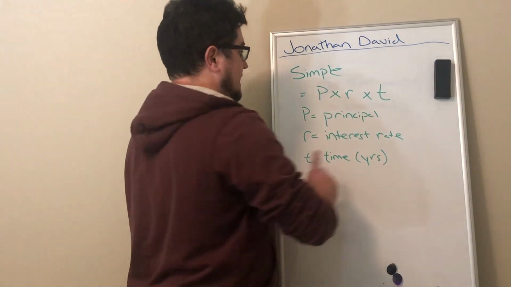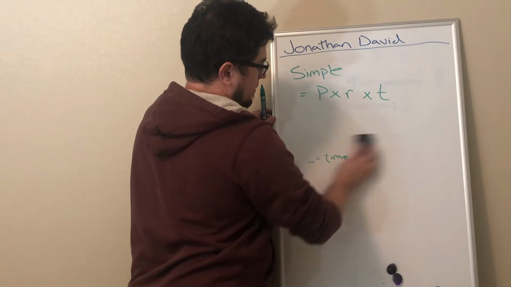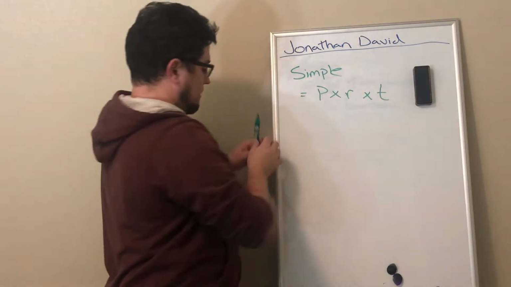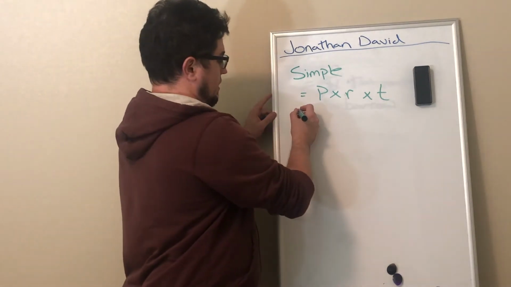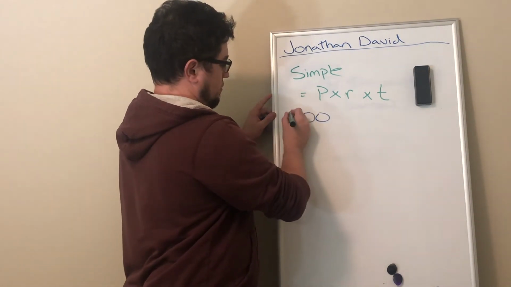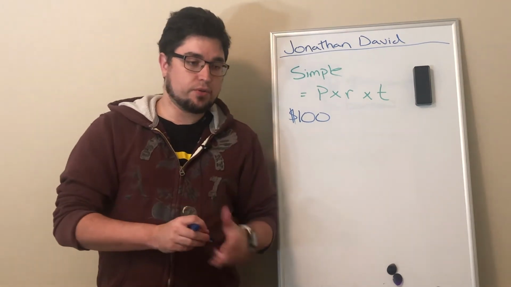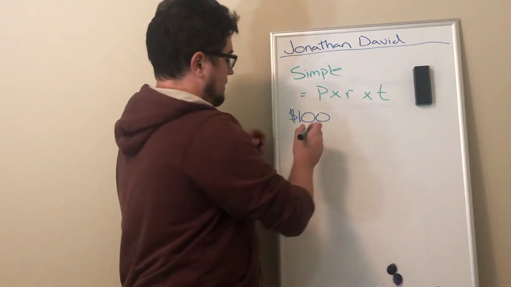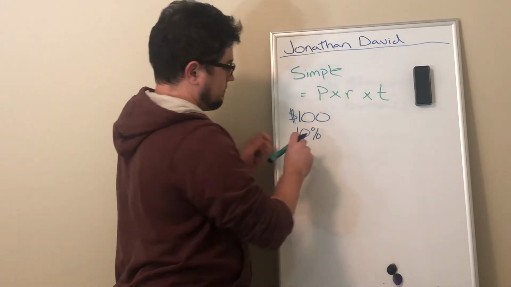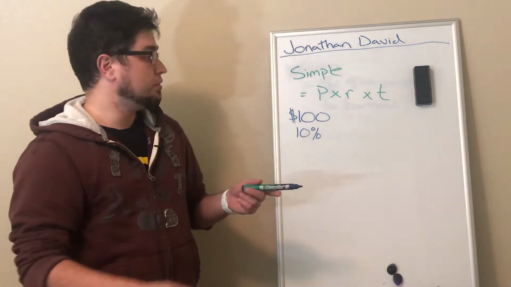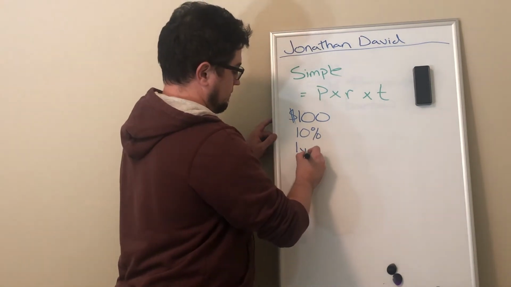So if we do an example, we'll leave that equation up there. Let's say you took a $100 loan, and you were being charged an interest rate of 10% per year, and let's assume you're holding on to this for 1 year.